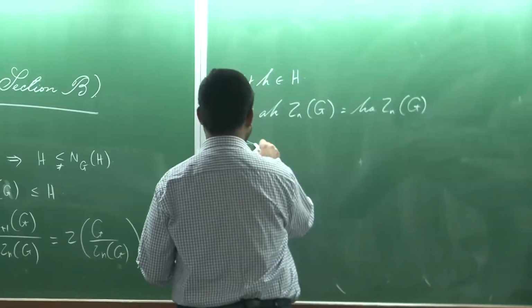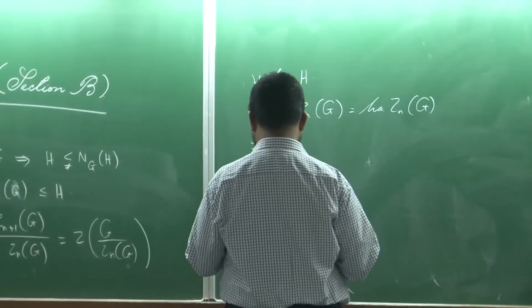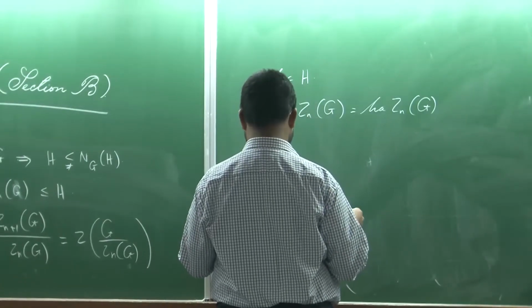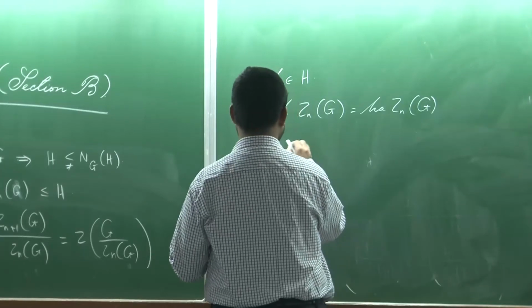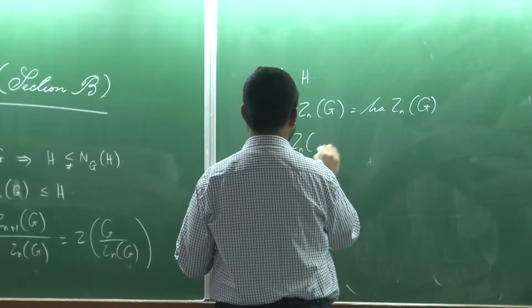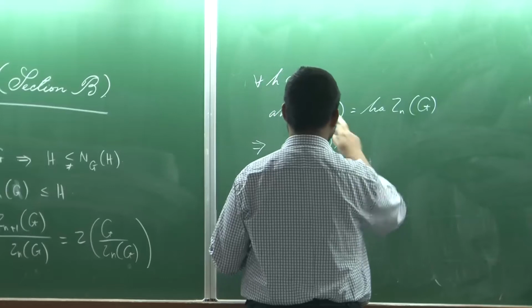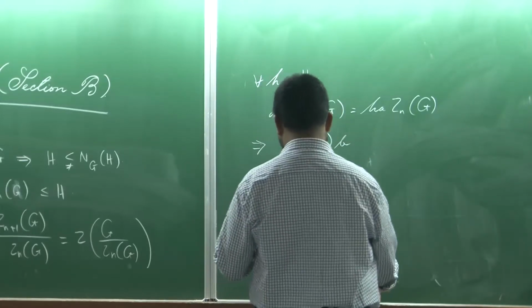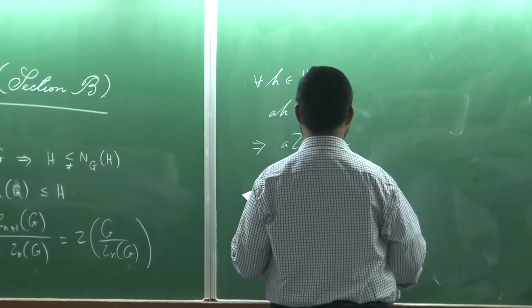So that immediately shows the following, and this is nothing but AZ_nG because of the abelian thing.